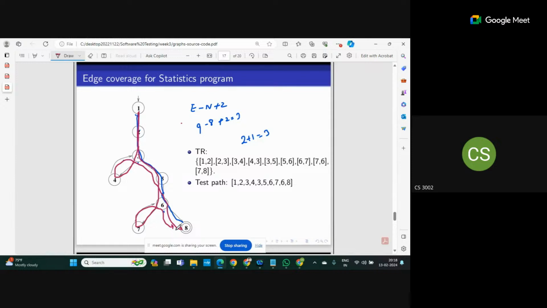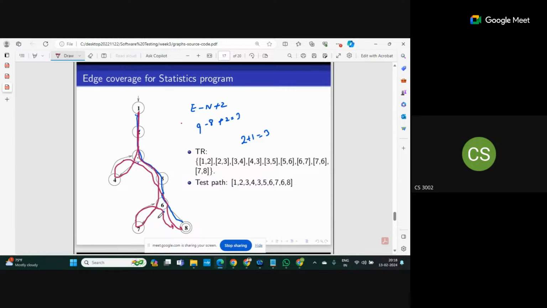Yeah, somebody was telling something, right? Actually, we can also take the path 1, 2, 3, 5, 6, 7, and 8. Can that not be an independent path as well? Which one? 1, 2, 3, 5, 6, 7, and 8. I took that also, no?